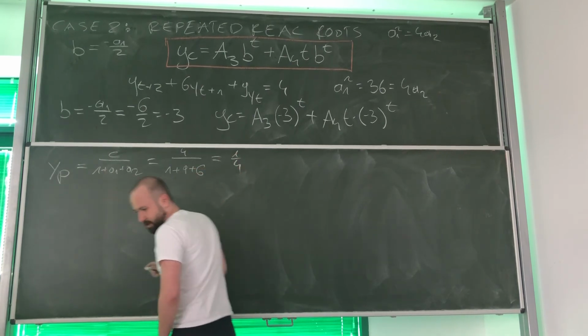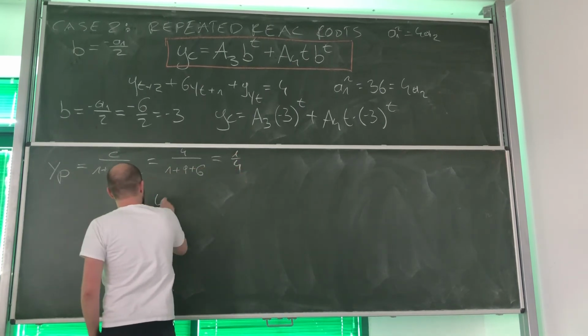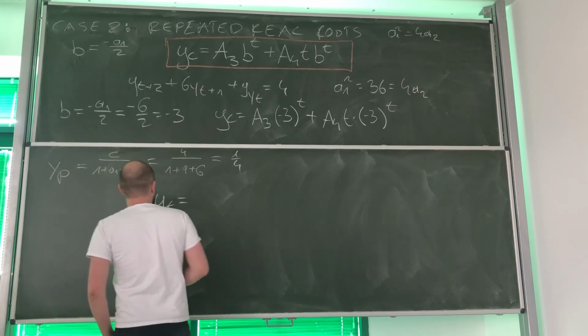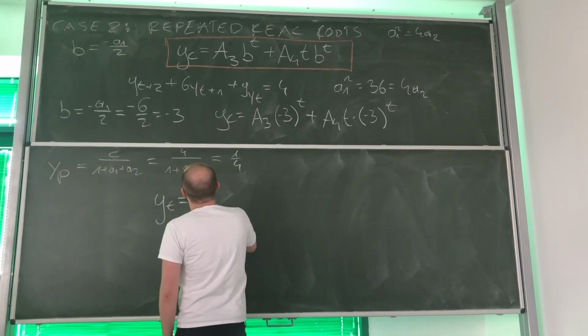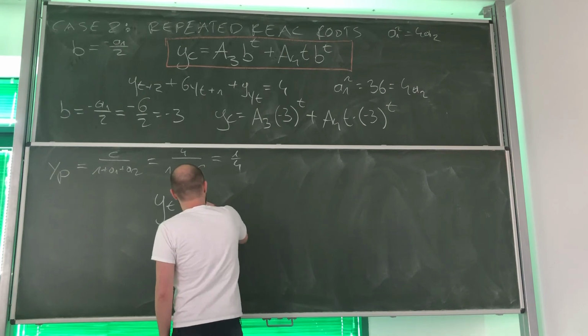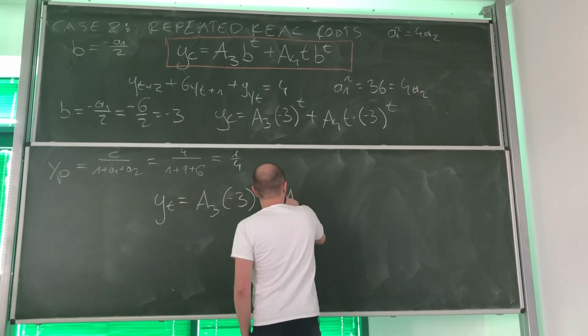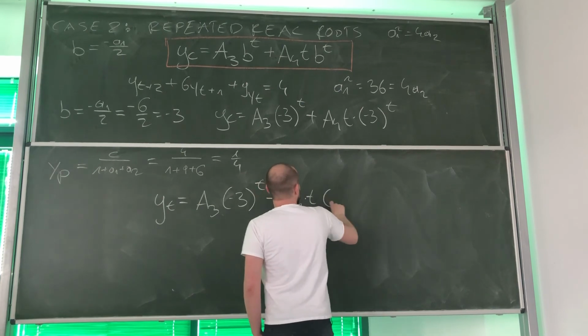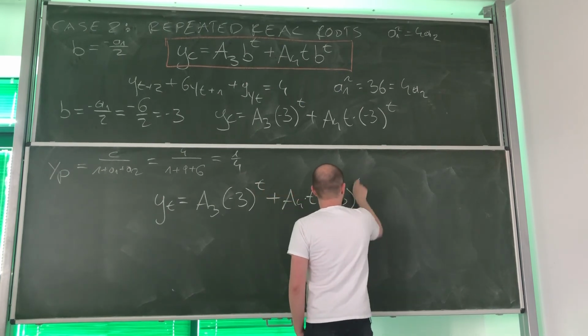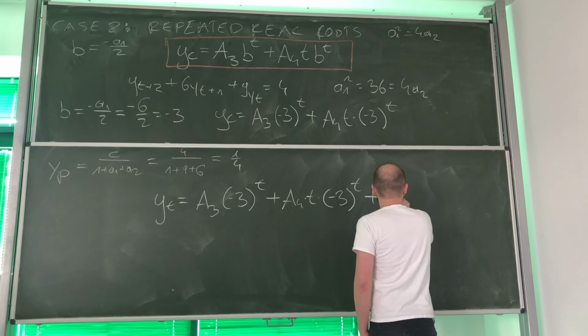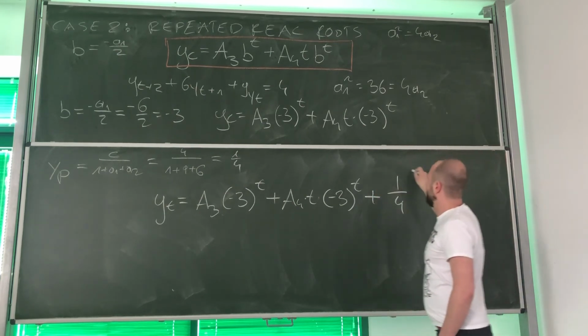So, time path of t is given by a3 negative 3 to the power of t plus a4 times t times negative 3 to the power of t plus 1 over 4.